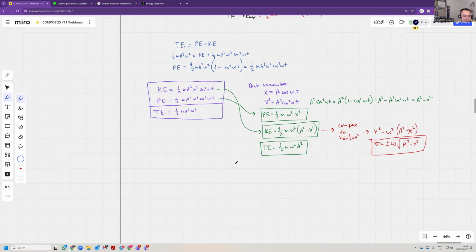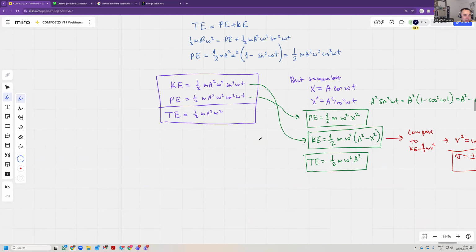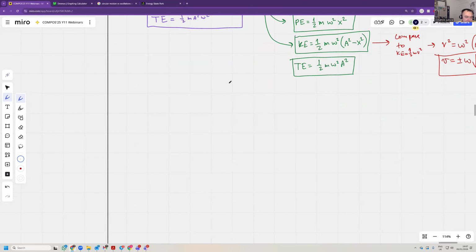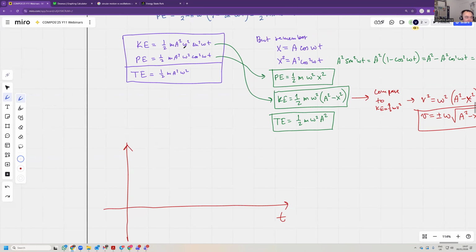Sketch both energies over one time period. Oh, that's very useful. Okay. So we have energy versus time. So this is time, and this is kinetic energy. Kinetic energy is 1/2 m a squared omega squared sine squared omega t.